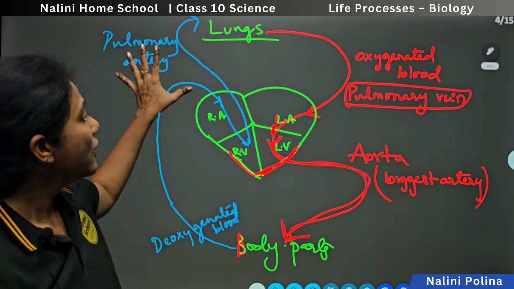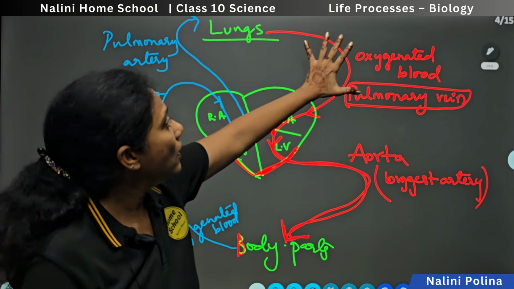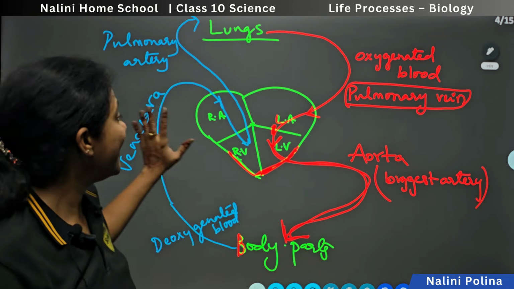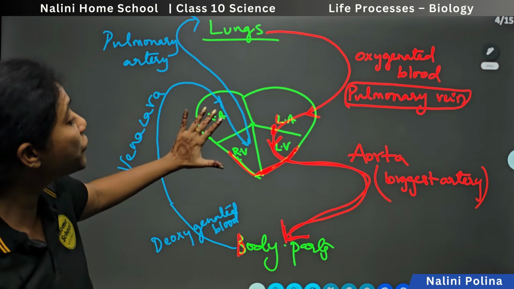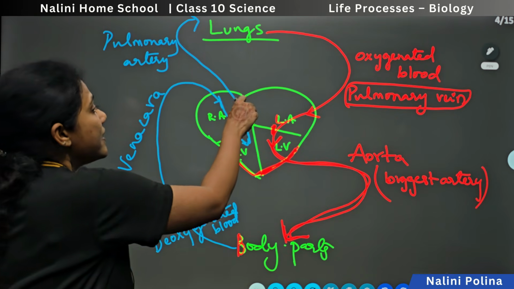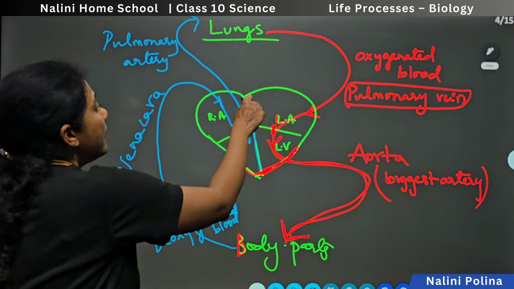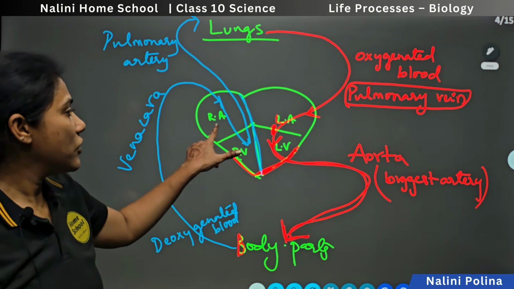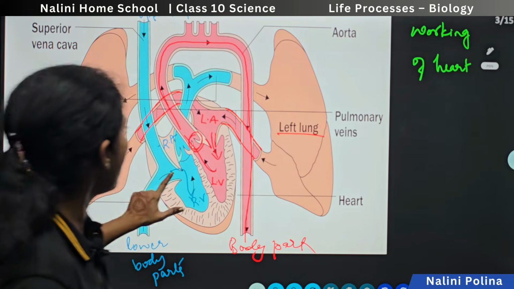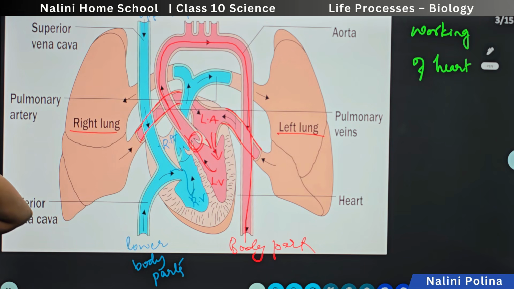So this is how oxygenated blood moves through the left heart and deoxygenated blood moves through the right part of the heart, where there is no mixing of deoxygenated blood with oxygenated blood. Never ever will you see the mixing of deoxygenated blood with oxygenated blood.